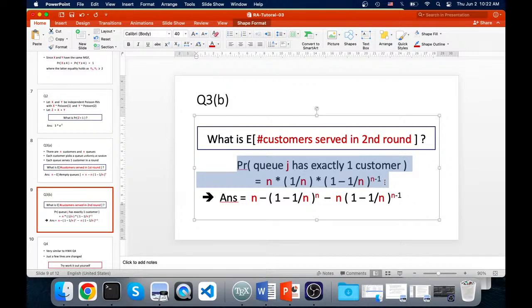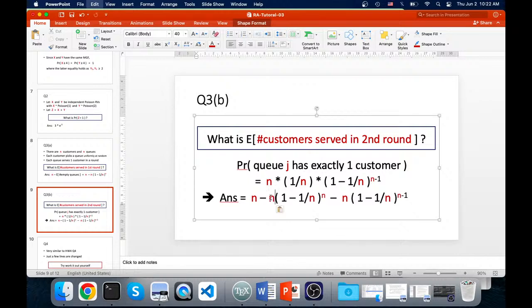Among all the n customers, we need to pick one of them to come. So there are n cases, and for each case, there is a chance of 1 over n for that customer to come, and then we require all the remaining customers not to come. So the answer will be the previous answer minus n times this value, because this gives us the expected number of queues that have exactly one customer. Is that okay?